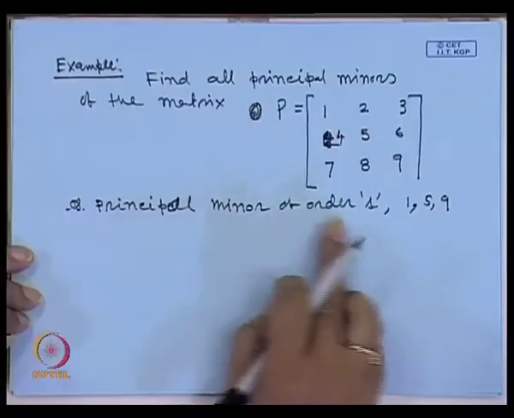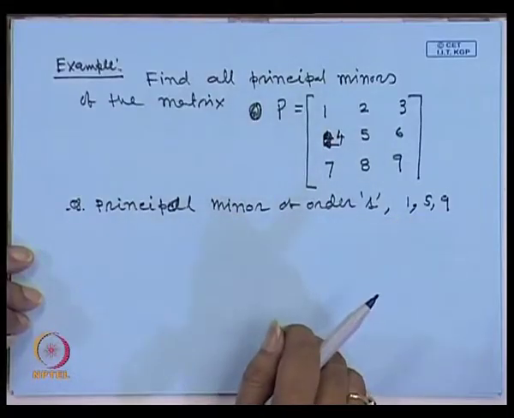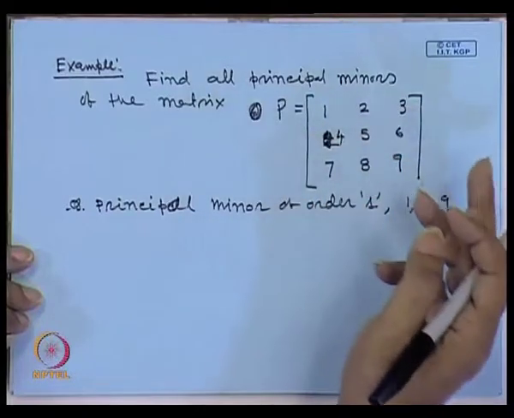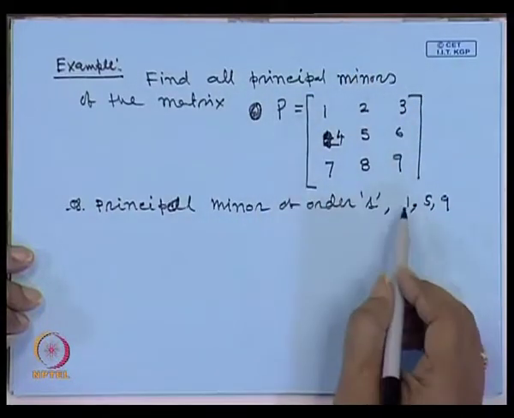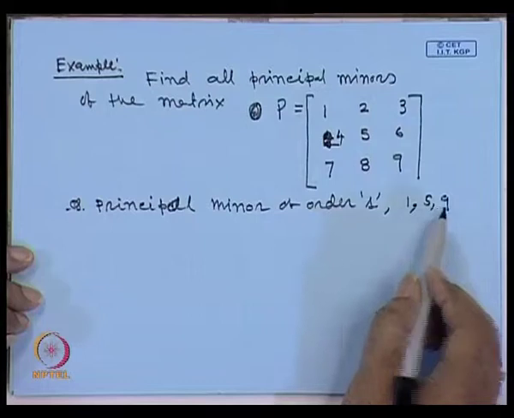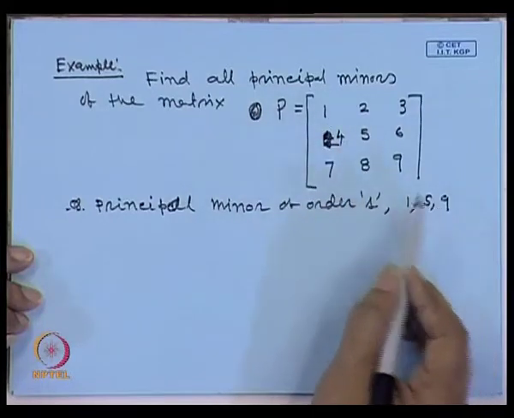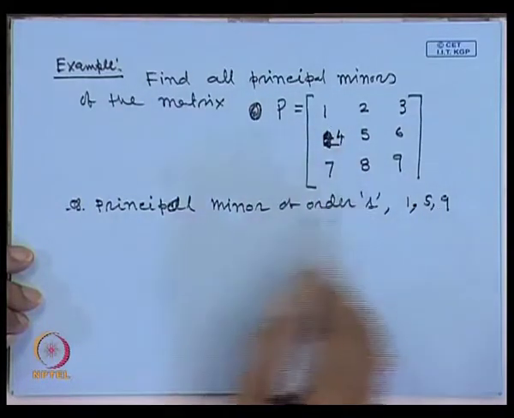I have 9 elements, but you have to select only those elements which are also diagonal elements. So, this will be 1, 5 and 9. These are the principal minors of order 1. Out of the 9 elements, I am considering only 1, 5, 9, because these are the diagonal elements of the original matrix.